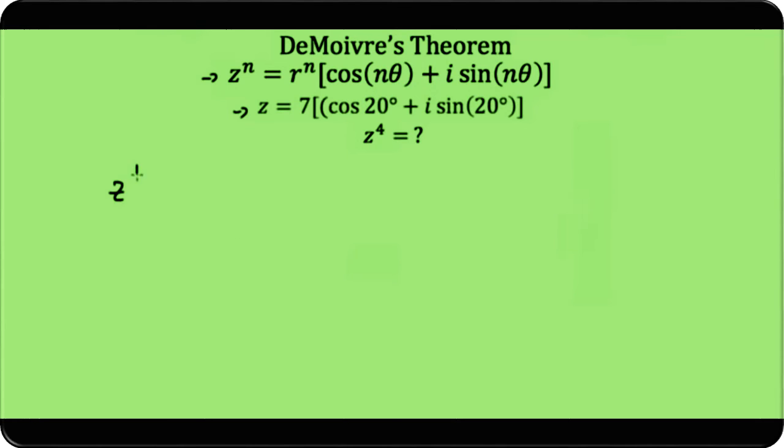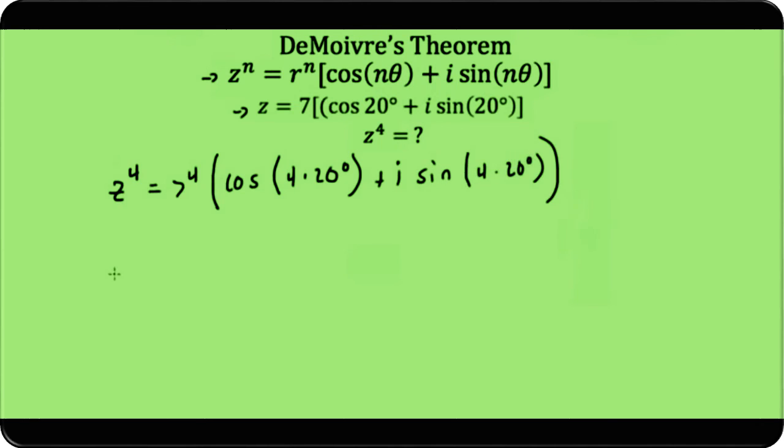Well, z to the fourth power is equal to r to the fourth power, so 7 to the fourth power times the cosine of n times theta, so 4 times 20 degrees, plus i times the sine of 4 times 20 degrees.